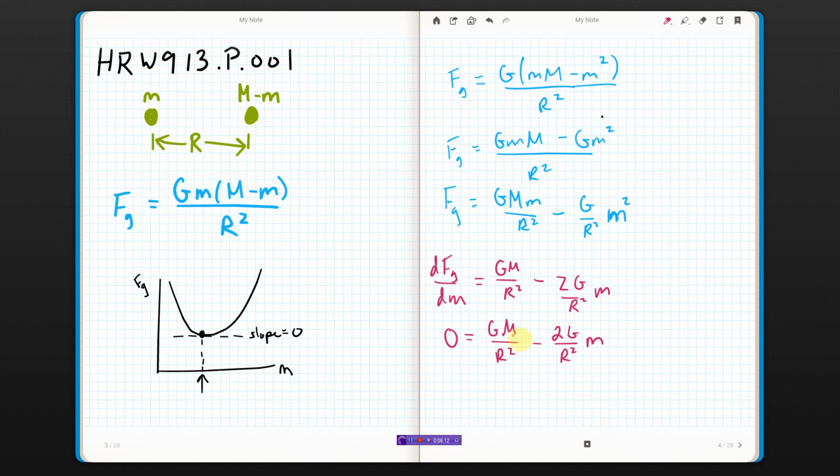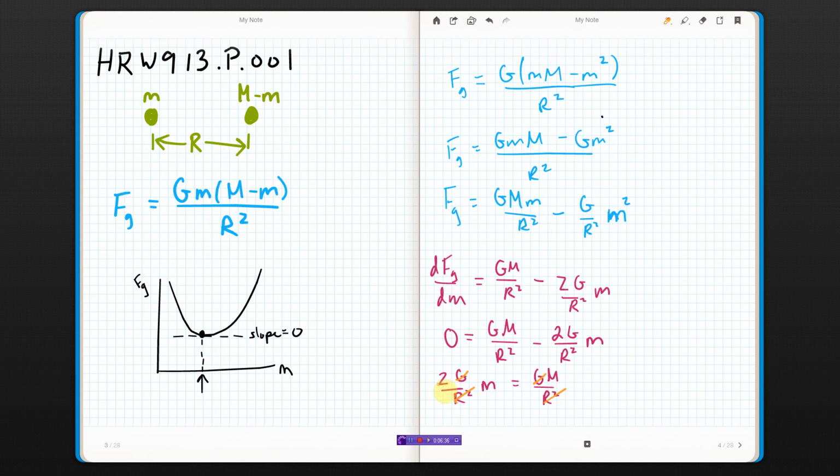I want to get the two m's divided, so I've got to get them on opposite sides first. If I move this over here, I get 2G over r squared times little m equals G big M over r squared. Notice I have an r squared on both sides, so those are going to go away. I also have a G on both sides.